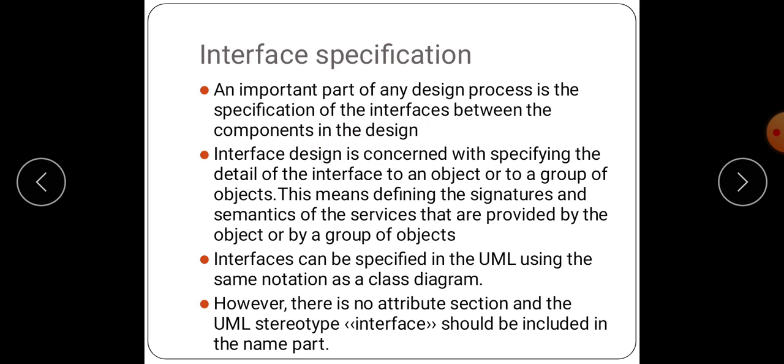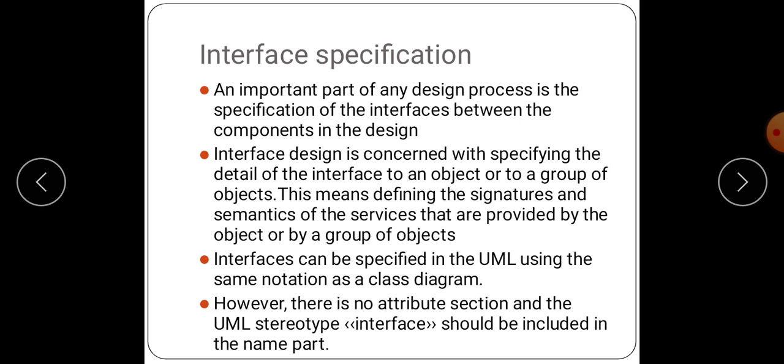Okay, they are telling important part of any design process is the specification of interface between the components in the design. Okay, the interface design is concerned with specifying the detail of the interface to an object or to a group of objects.